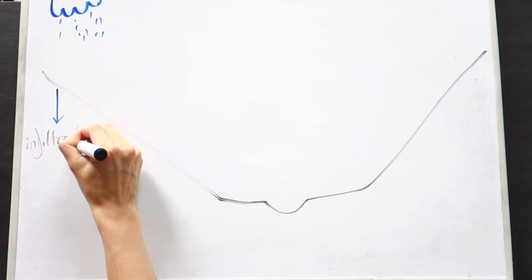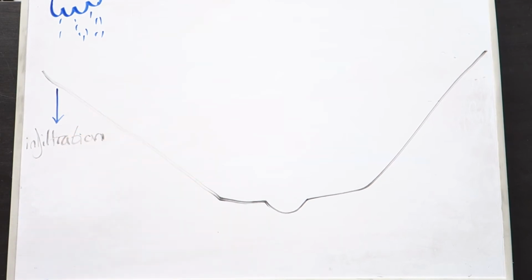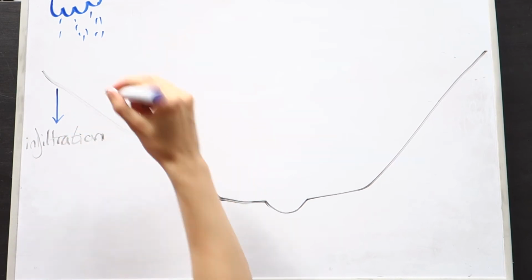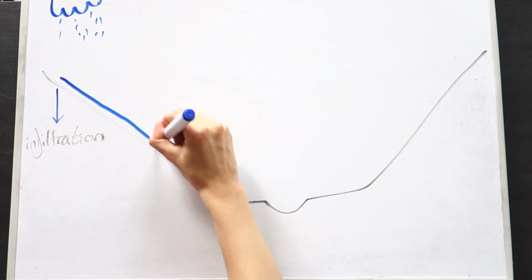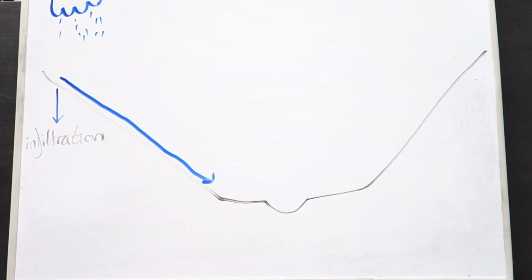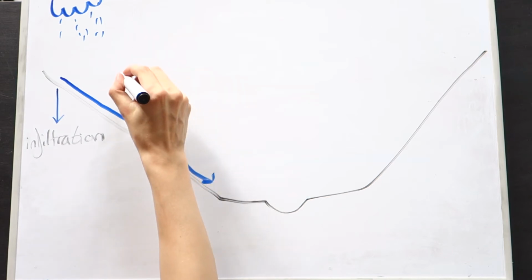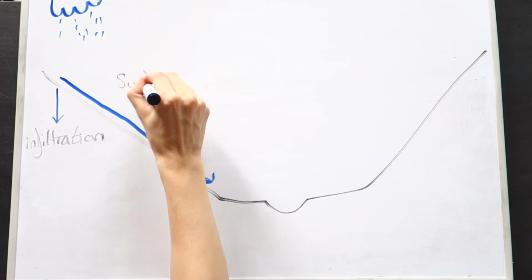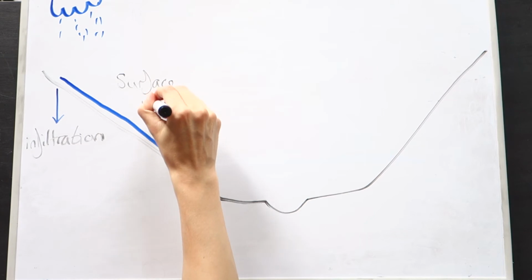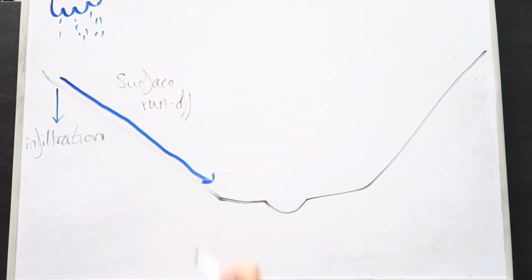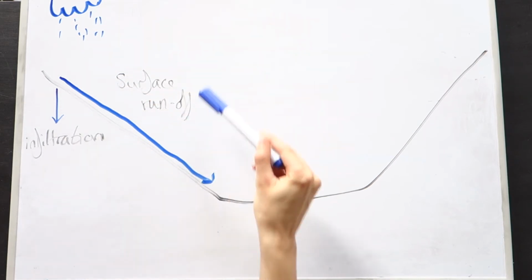So some of the water will flow into the soil, but some of the water will flow over land. When water flows over the land or on the surface, it's called surface runoff. So if there is a high volume of precipitation, there is going to be more surface runoff.